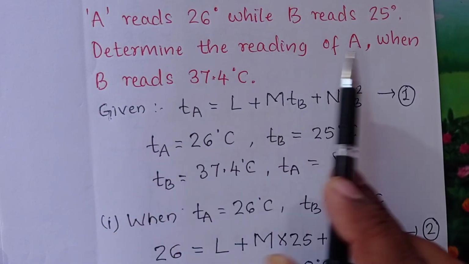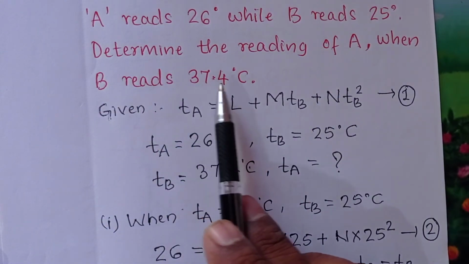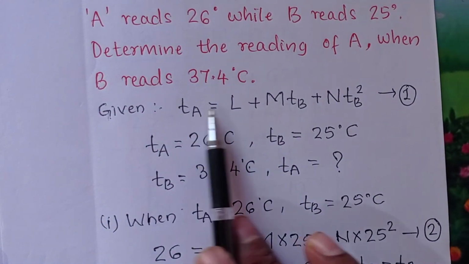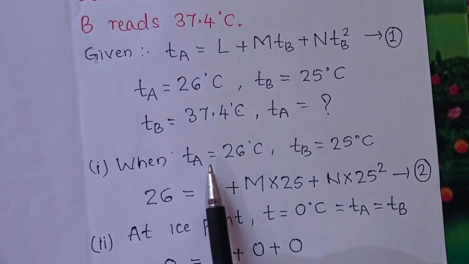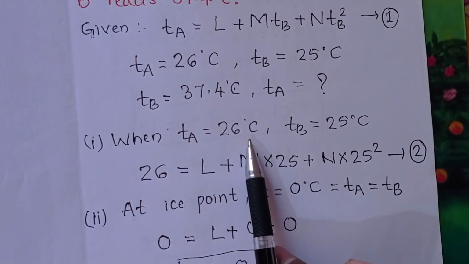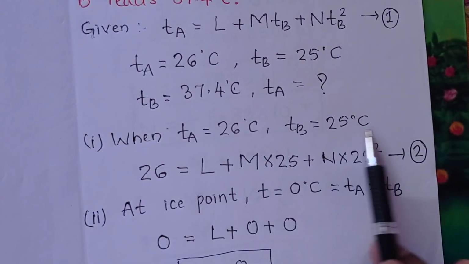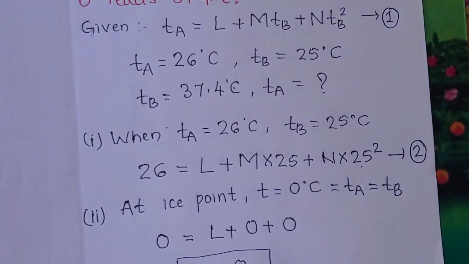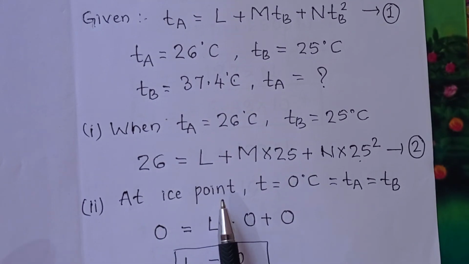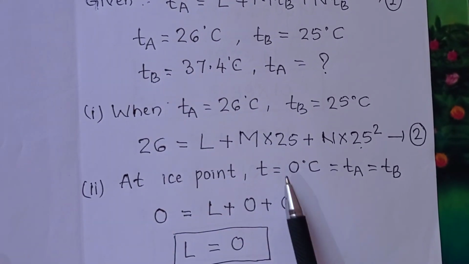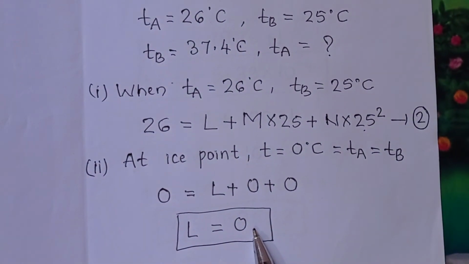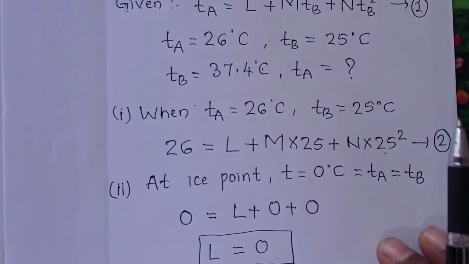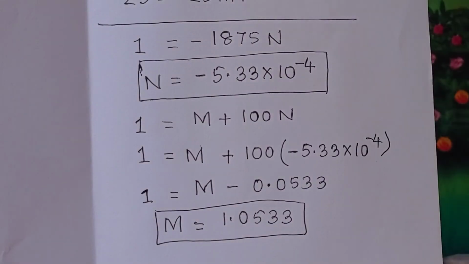I need to find out the value of A when B is 37.4 degree centigrade. So let me write the governing equation and given things. Then the first equation, when Ta is 26 degree centigrade, Tb is 25, I substitute in the equation and get equation 1. Then the second is at ice point, both are agreeing at ice point, that is Ta and Tb is 0, I will get the value of L. Once you fetch the value of L, next find out m and n.